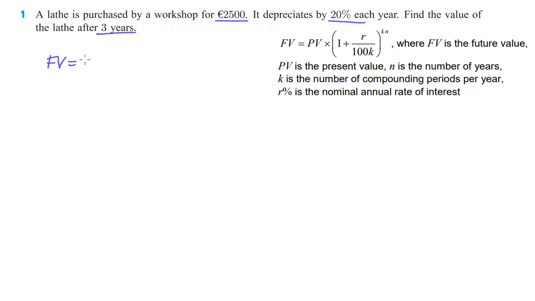So future value equals 2,500 times 1 plus our rate. But the thing is, since we're depreciating by 20% a year, it's actually negative 20 over 100 because you're depreciating. Okay, doesn't say anything about compound periods, so those K's are 1s, and this is after 3 years. So really this is going to be 100, and this is going to be 3.